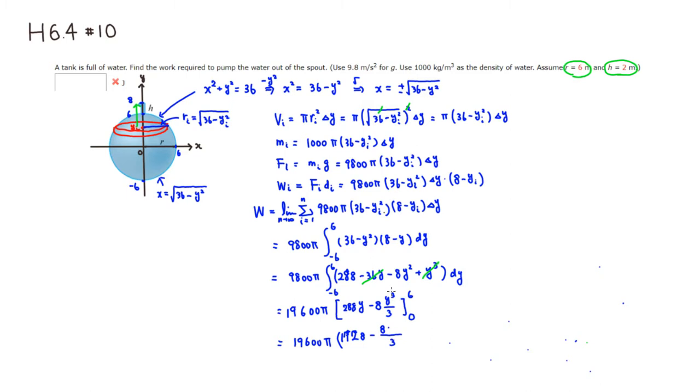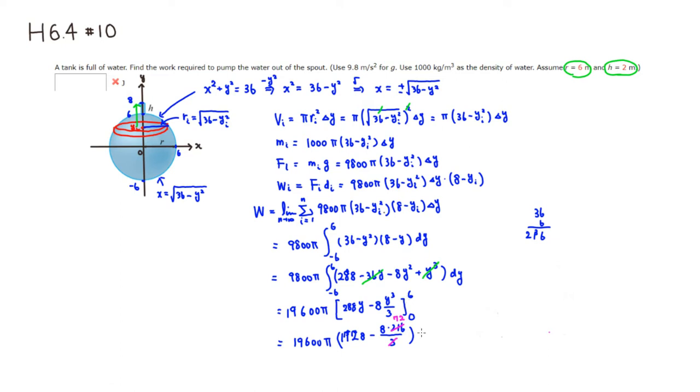6 cubed is what? 36 times 6 is 216. Then we can cancel out the 3 and 216, so that would be 72, and 8 times 72 is 576.